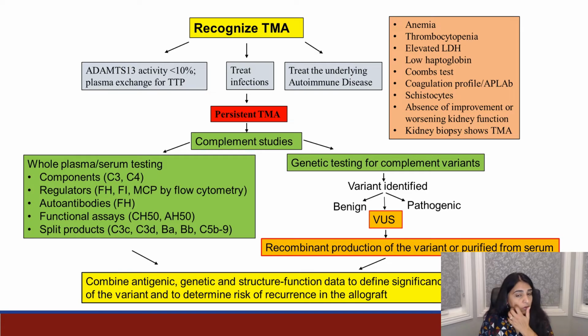If you find a variant of uncertain significance, which happens more often than we'd like, then you could contact specialized labs that can recreate these mutations in the lab or do serum-based assays to test them. Combining the genetic and antigenic testing helps define clearly if there is a complement-mediated etiology for these patients, and helps define the prognosis, the risk of relapse, and the risk of recurrence.